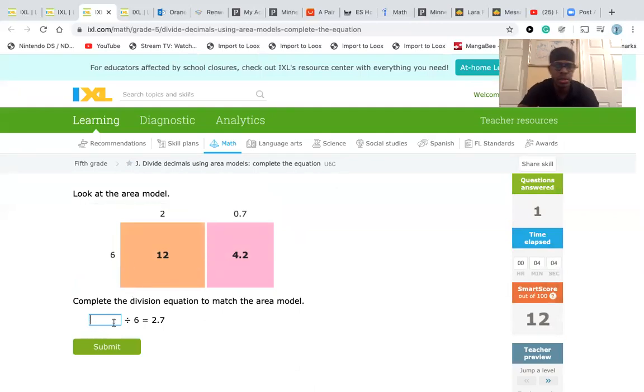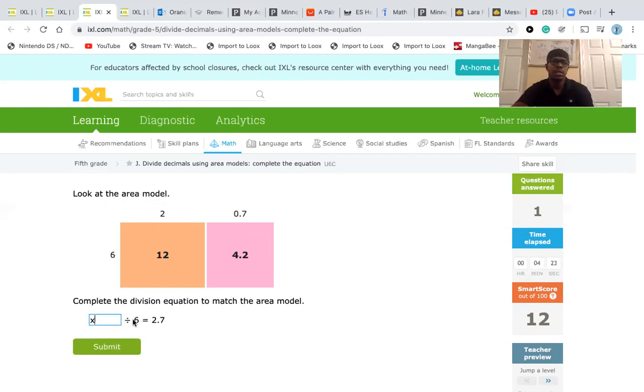We have something, let's call it x, divided by 6 is equal to 2.7. So if we reverse it, we have 2.7 multiplied by 6 is going to give us x.